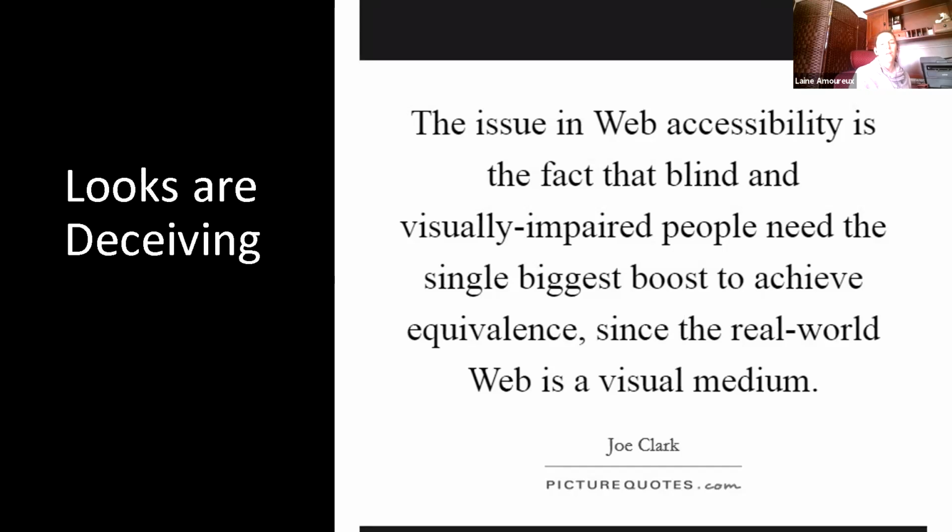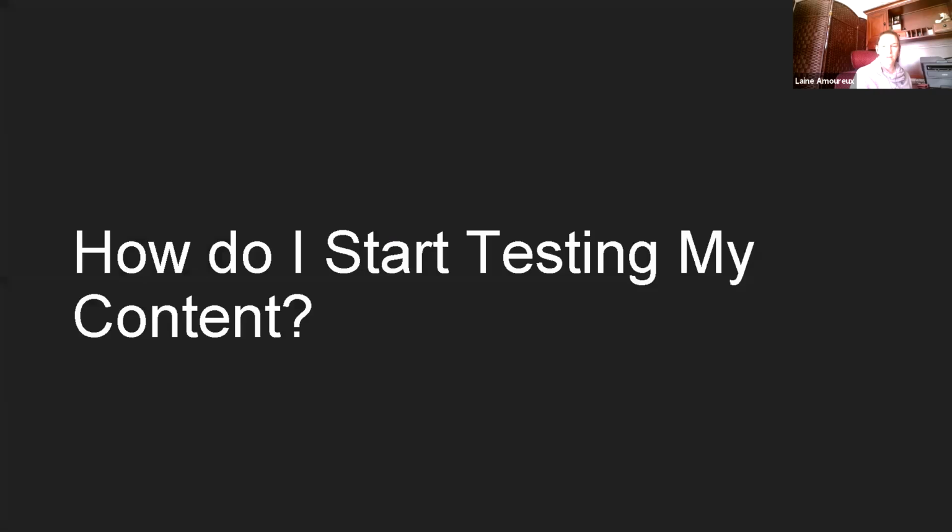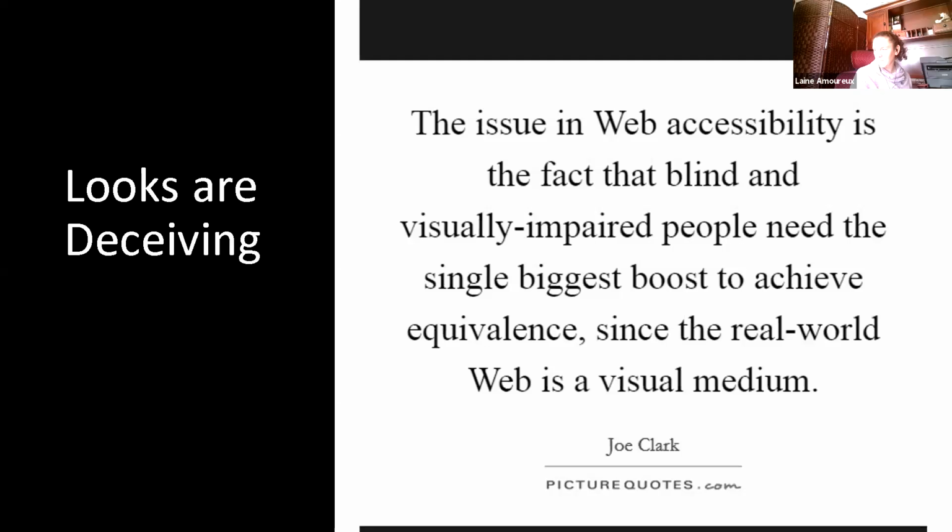Looks are deceiving slide. So I'm on the second slide. It looks identical visually, but there is what is called alt text applied to the picture now. How do I? It is not going to let me in there.